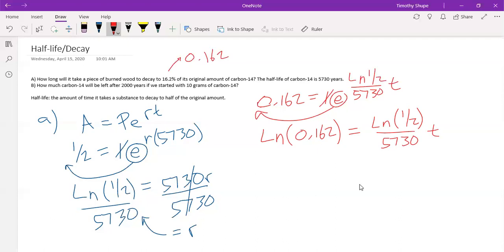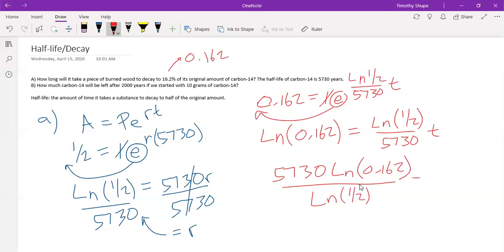So then to finish solving for t, I can multiply by 5,730, and to get rid of the natural log, I'm going to divide by the natural log of 1/2, and that's going to equal t. So then at this point, I want to type that into my calculator.